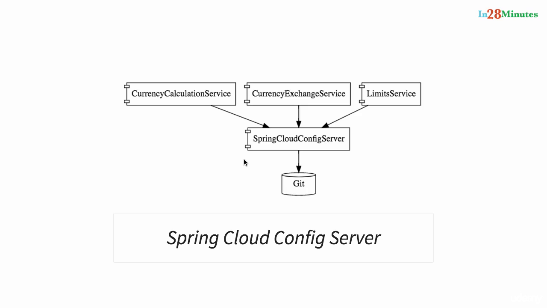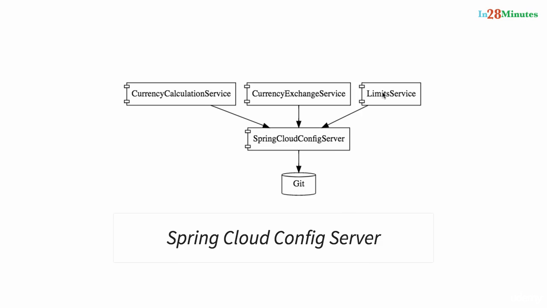The advantage of configuring stuff in the Git repository is that the entire configuration of limit service is separated from the deployment of the limit service. You don't really need to worry about what configuration needs to be used when deploying it. It would automatically pick it up from the Git repository.